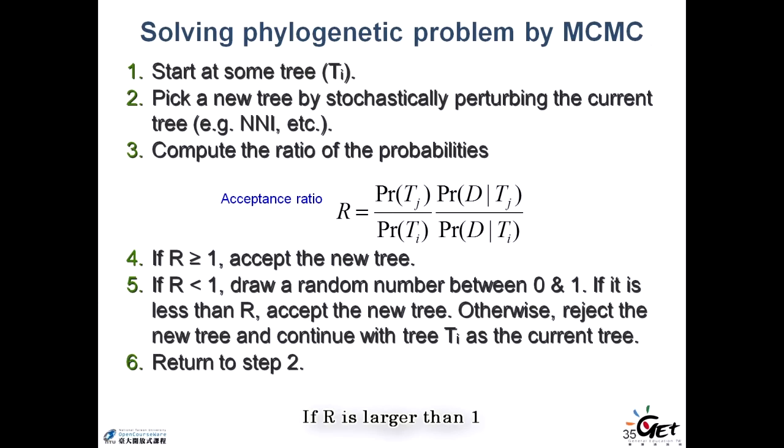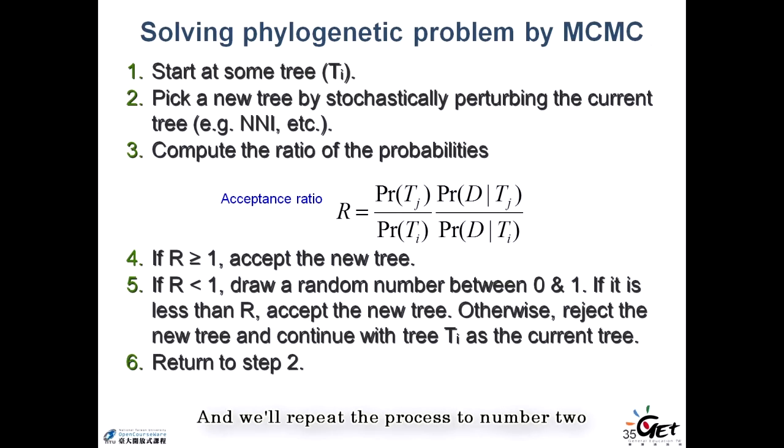If R is larger than 1, then we accept the new tree, which means that this tree is better than the other one. If R is smaller than 1, we take a random draw of a number between 0 and 1 to pick one or the other. So sometimes we'll get a better tree, sometimes we won't, depending on the acceptance ratio R, and we keep going.